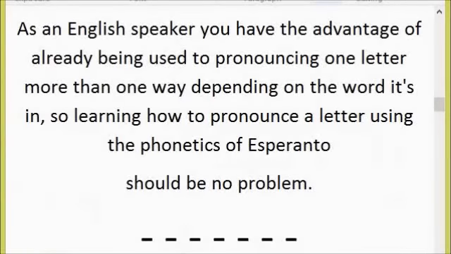As an English speaker, you have the advantage of already being used to pronouncing one letter more than one way, depending on what word it's in. So learning how to pronounce a letter using the Esperanto phonetics should be no problem.